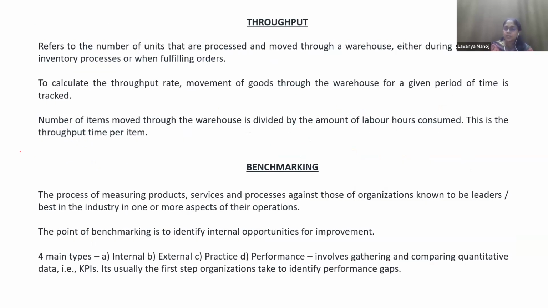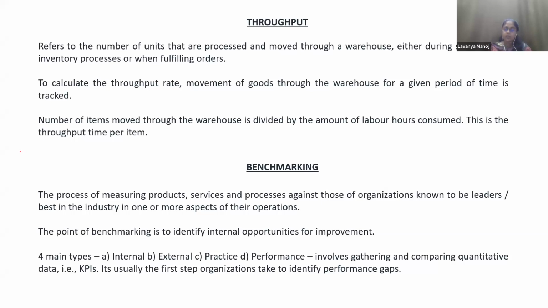Throughput refers to the quantity of goods which comes in and goes out of the warehouse or the production unit in one particular period of time. It is very important for any production unit or warehouse, because in that way we can measure the work efficiency of the warehouse or the production unit.